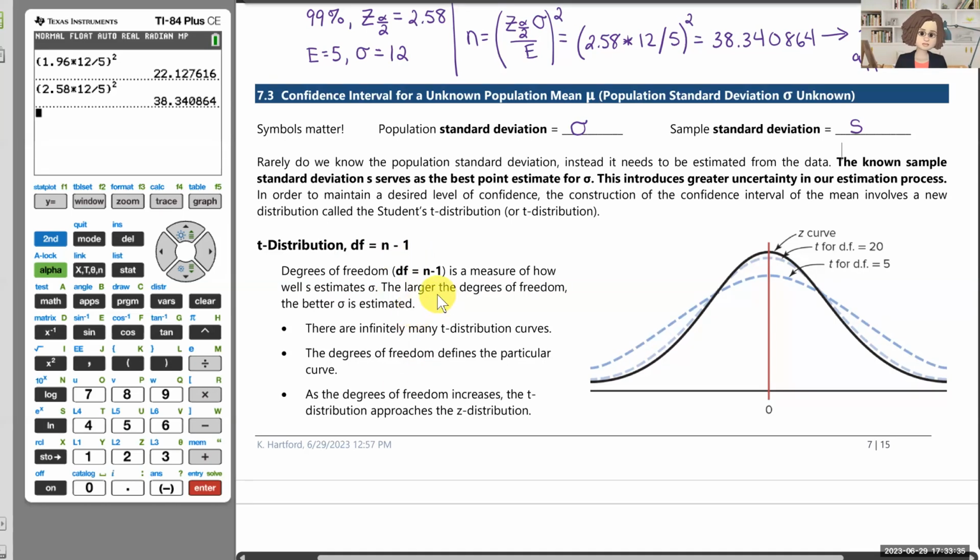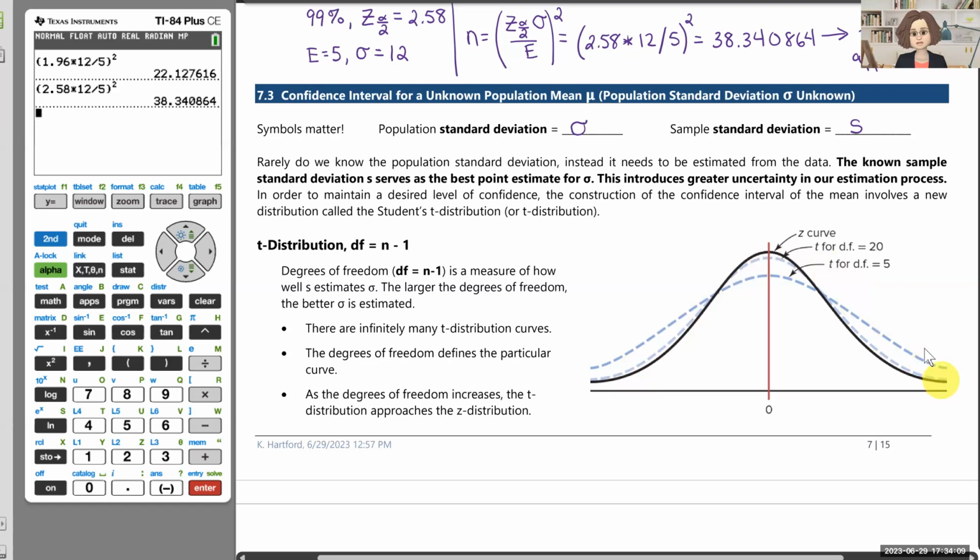So essentially what will happen is when our sample sizes are small, degrees of freedom will be somewhat small as well. So over here on the graph, the widest graph dotted line there says degrees of freedom 5. Let's just compare that to the one above it. It says t distribution for degrees of freedom 20. So as the degrees of freedom gets bigger, our t distribution will begin to narrow.